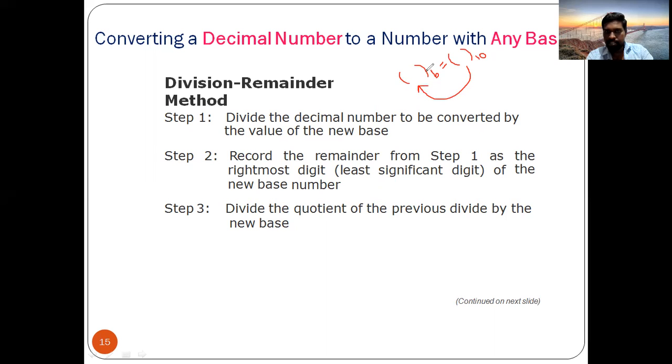First step, you need to divide the decimal number by the asked base, and then write down the remainder values. Then you divide the quotient again by the base. See here, if you take an example, it is easy to understand.